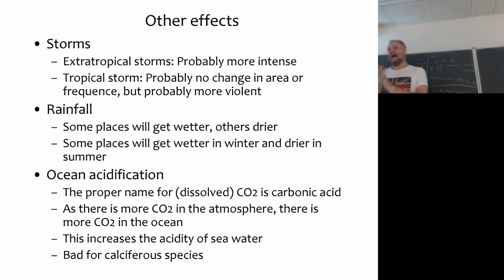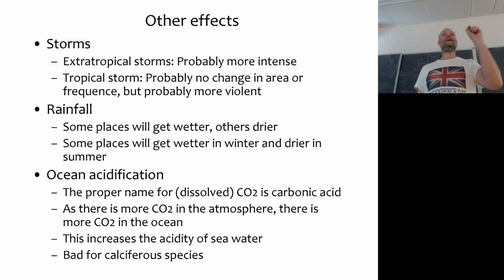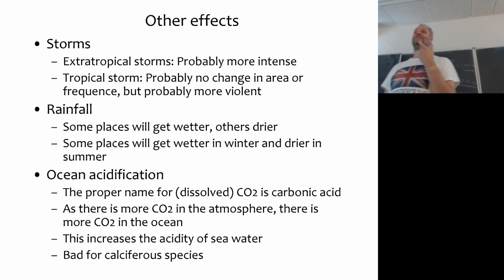Now, the proper English name for CO2 or carbon dioxide is carbonic acid. And the proper name for CO2 in Dutch is koolzuur. Or if you're German, it's Kohlensäure. Right? I won't do it in French because I don't know. But the crucial bit here is the acid, the zuur, the sour, right? So CO2, if dissolved in water, is a mild acid.